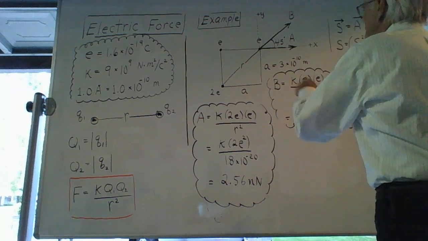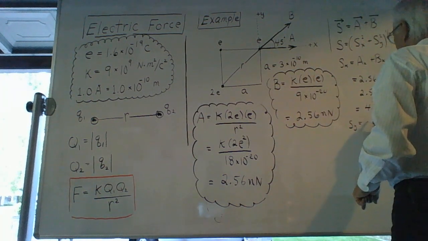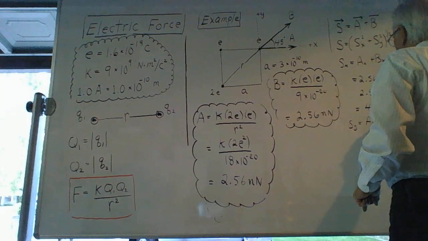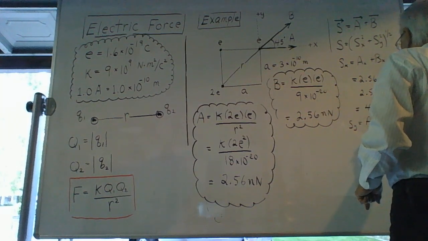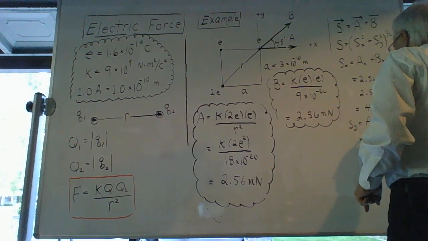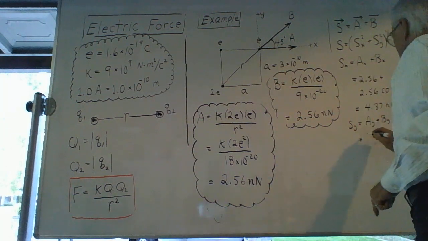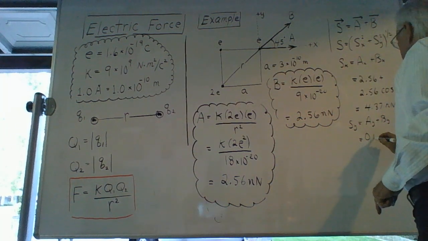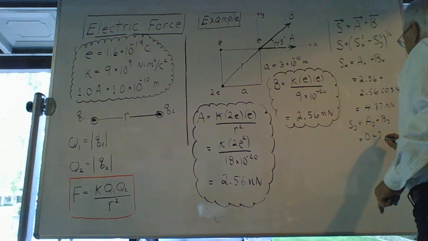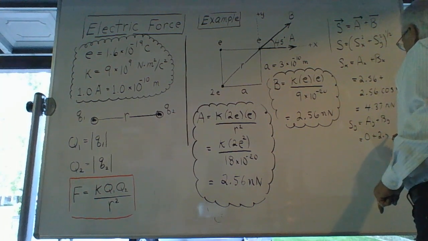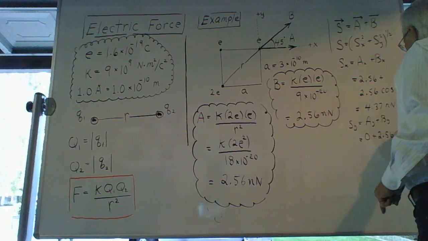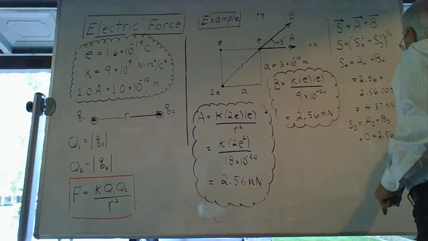S sub y is equal to A sub y plus B sub y, but A sub y is 0, and B sub y is 2.56 times the sine of 45 degrees.